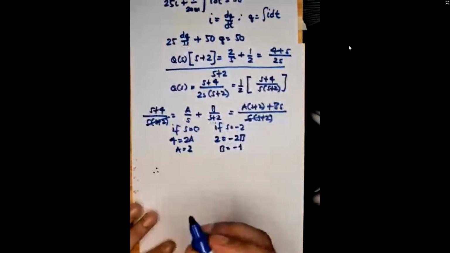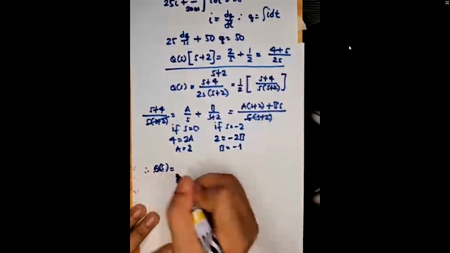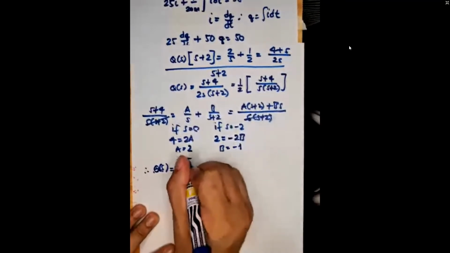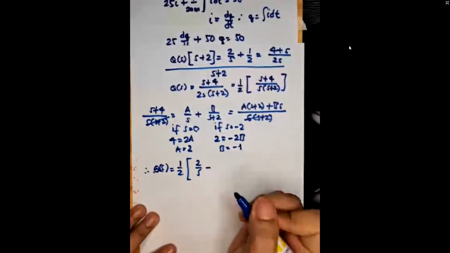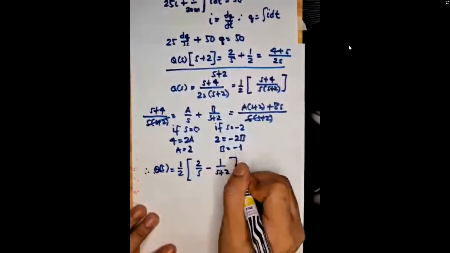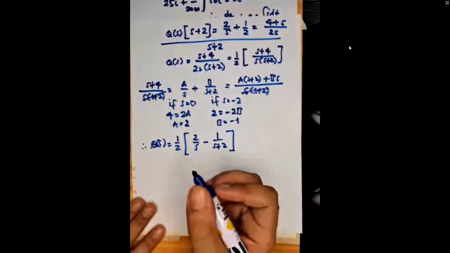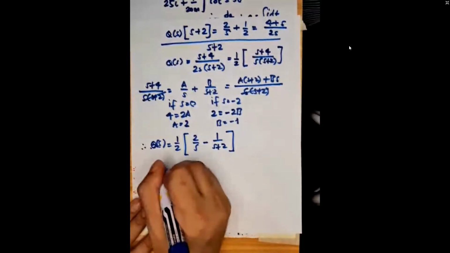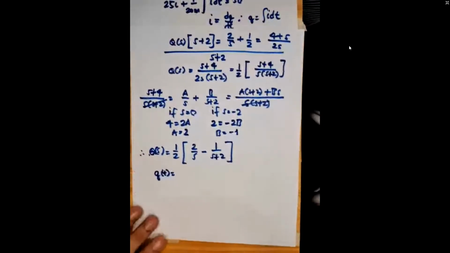So therefore, ang Q of S natin ay equal siya sa 1/2 times (2 over S minus 1 over S plus 2). Ayan. Okay. Now let's get the equation of the charge in terms of time.